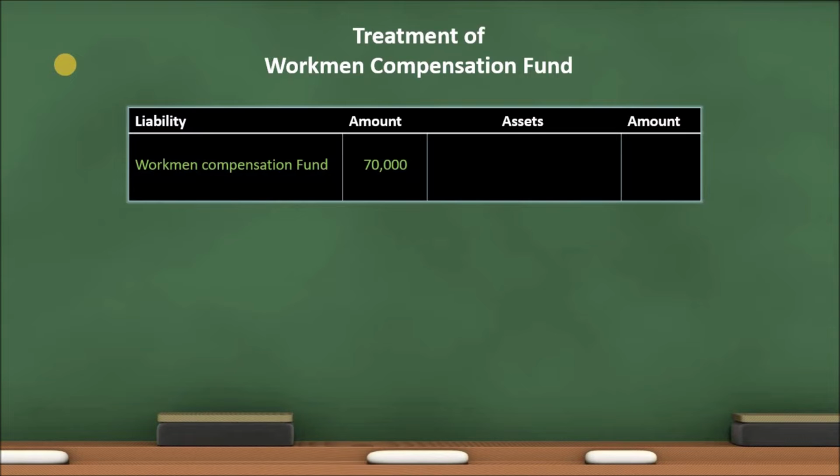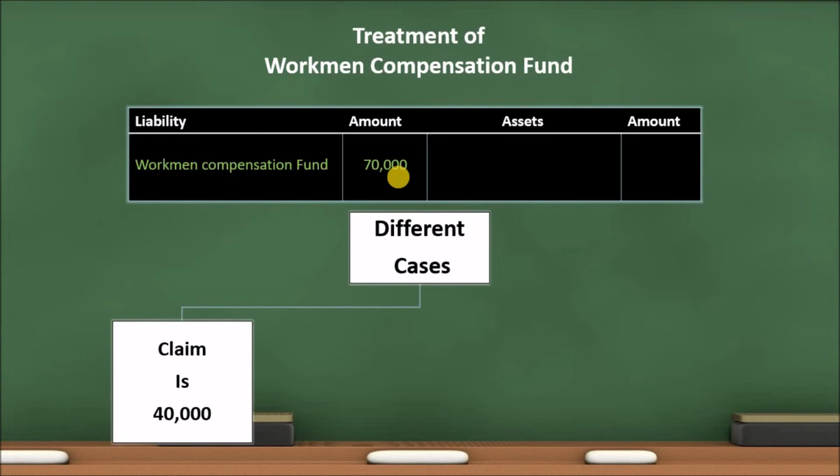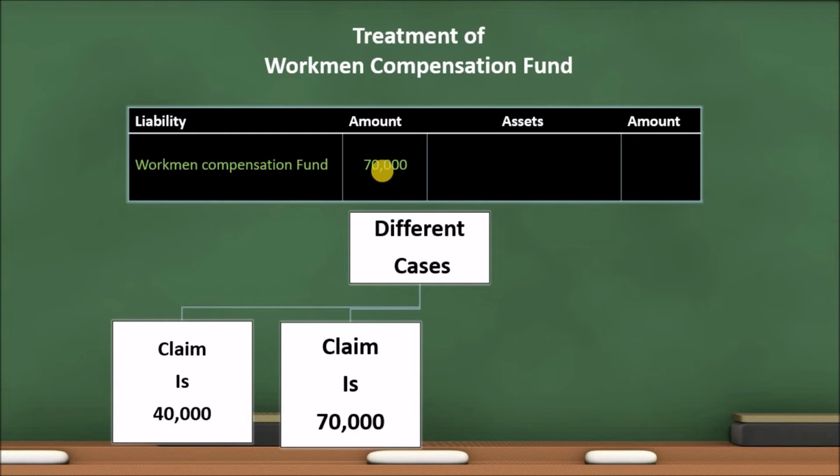Suppose there is a workmen compensation fund appearing in balance sheet at rupees 70,000. The different cases can be: claim is only 40,000, means the claim amount is less than the fund which is available. Then the claim can be of exactly the same amount as the fund, that is 70,000.